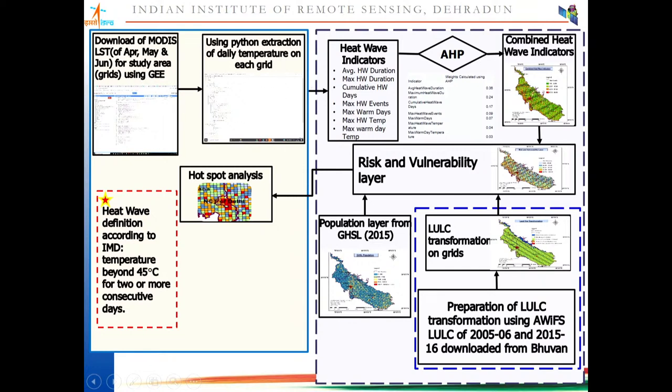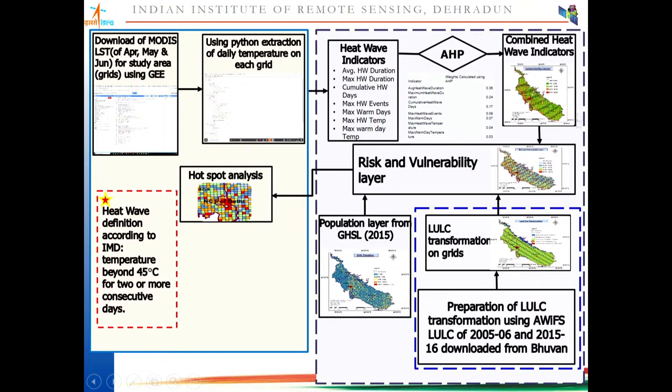Code has been written in Python to extract the daily temperature on each grid, and 7 heat wave indicators were computed. These indicators were identified with respect to their compatibility with this LST data. They are average heat wave duration, maximum heat wave duration, cumulative heat wave days, maximum heat wave events, maximum warm days, maximum heat wave temperature, and maximum warm days temperature.